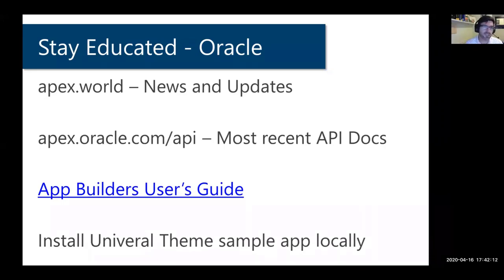I frequently get questions from students that say Apex doesn't clearly tell me how to do X, Y, or Z. I find that there's a ton of documentation out there, but you have to know where to look. The one place that I find can be extremely helpful is the App Builder's User Guide. Just today I directed a student here because they were asking what all the options are for linking to interactive grids and how to use that.